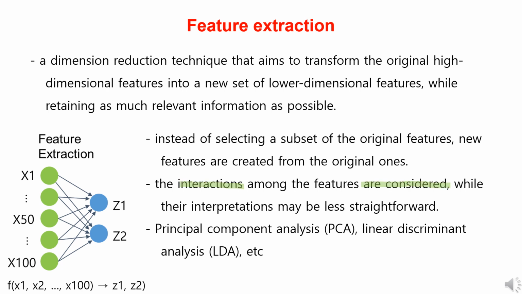Therefore, one advantage of feature extraction is that it considers the interrelationships between features when reducing dimensions. However, a drawback is that the interpretation of the features is not as intuitive since we are not using the original features directly, but rather the transformed features. Popular methods for feature extraction include principal component analysis, PCA, and linear discriminant analysis, LDA.